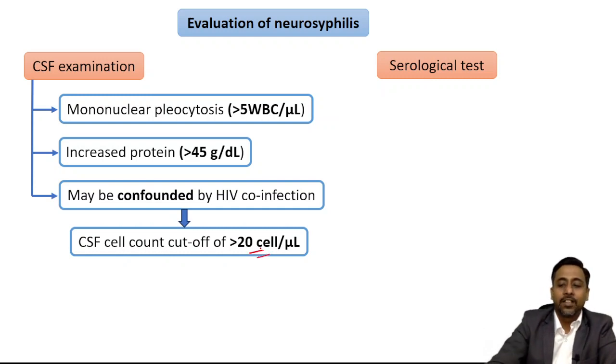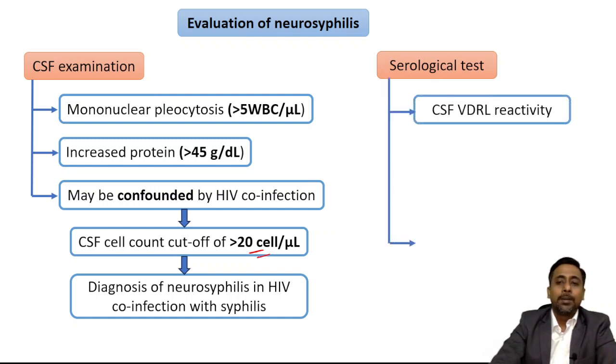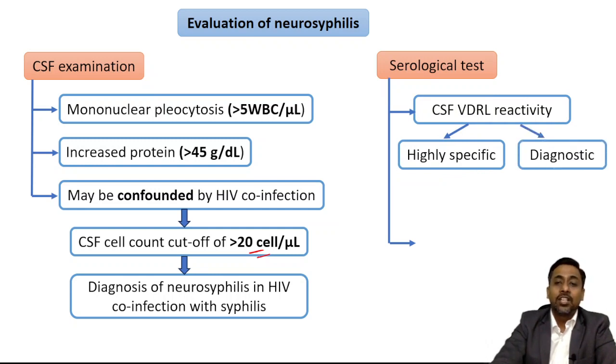So if a person is suffering from HIV and also suffering from syphilis, diagnosis of neurosyphilis should be done on the basis that the CSF cell count is more than 20, rather than more than 5 in case of non-HIV infected individuals. Okay, so this is CSF examination. Serological testing can be performed by CSF VDRL reactivity, which is highly specific and is diagnostic if it is reactive.